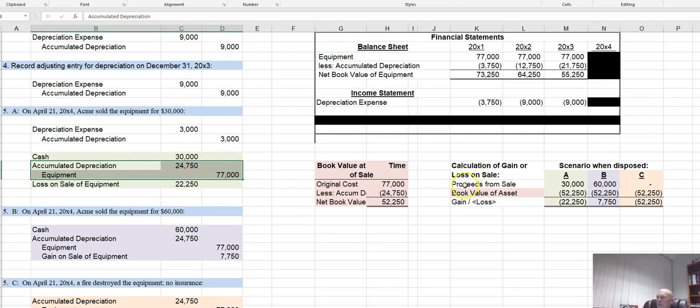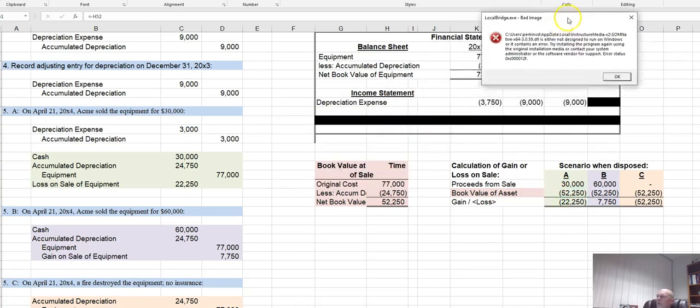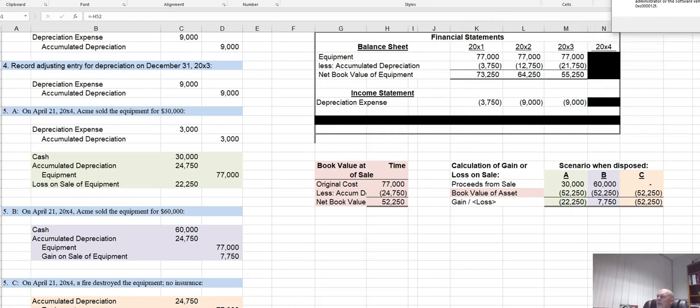What's happening is, in the green, you see item A, we had a book value of $52,250. We calculated that over here. A book value of $52,250, but we sold it for $30,000. So if we had an asset on our books for $52,250 and we sold it for $30,000, sounds like a loss to me.